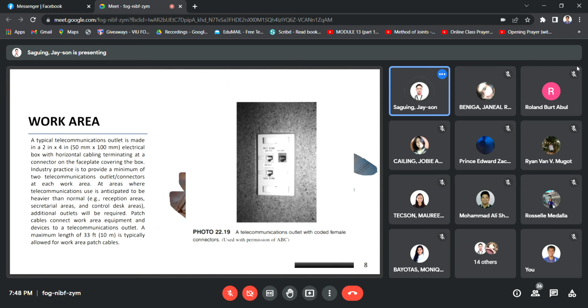Industry practice is to provide a minimum of 2 telecommunications outlets or connectors at each work area. At areas where telecommunications use is anticipated to be heavier than normal, for example, reception areas, secretarial areas, and control desk areas, additional outlets will be required.